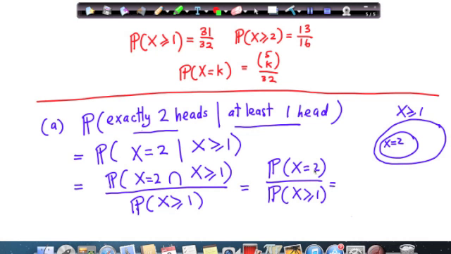But now we know how to calculate these probabilities. If we substitute k equals 2 in the formula, we have 5 choose 2 over 32 for the numerator, and in the denominator we have 31 over 32. So we have the final answer as 10 over 31.